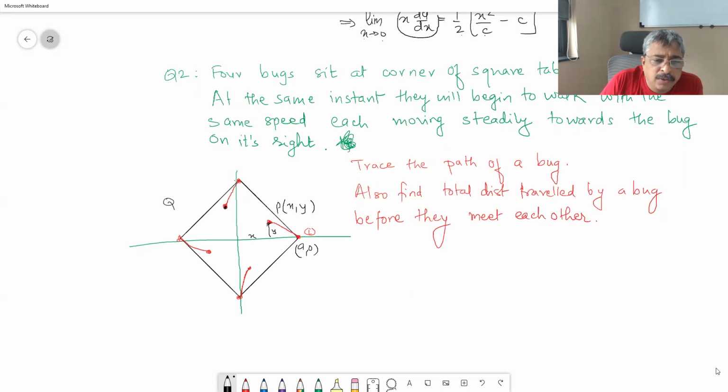So this distance is going to be x, and this distance is going to be y here. Okay, so the coordinate of this is going to be minus y comma x in terms of xy. Numerically it is going to be like that, and whatever curve you have traced so far, at that point this is going to be tangent.